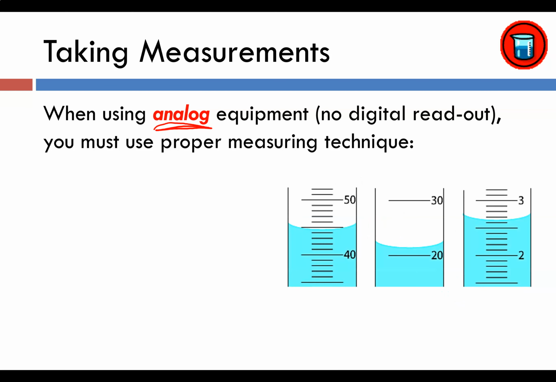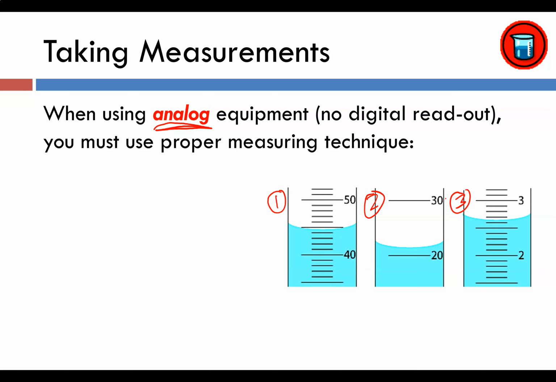So we'll look at some cutaways of graduated cylinders. Now these are three different graduated cylinders. They all do the same job. We use them to measure volumes. But if you look at the tick marks, the lines on the graduated cylinders, you'll see that each of them represents a different value. For example, and I'll just number these to make it easier to talk about, 1, 2, 3.